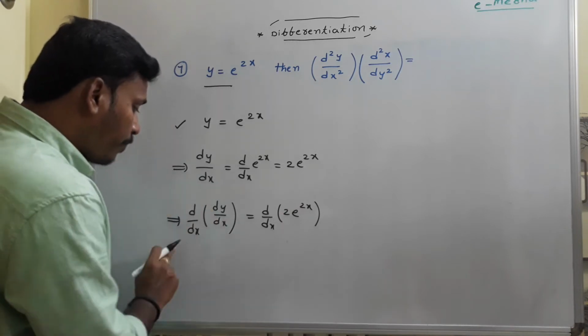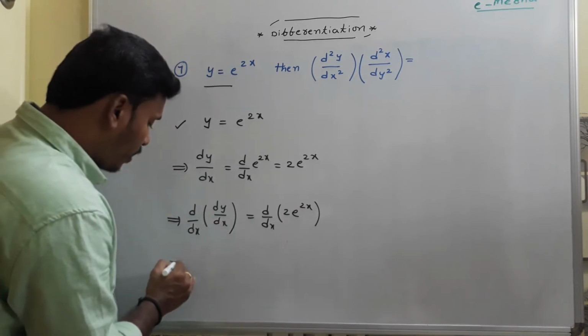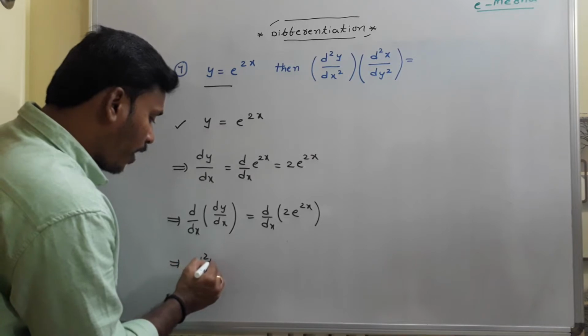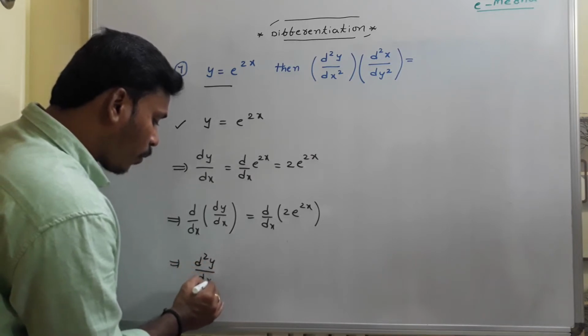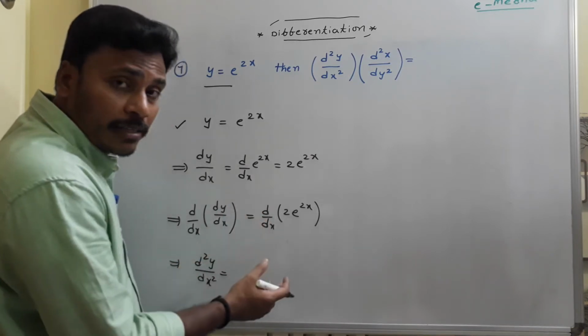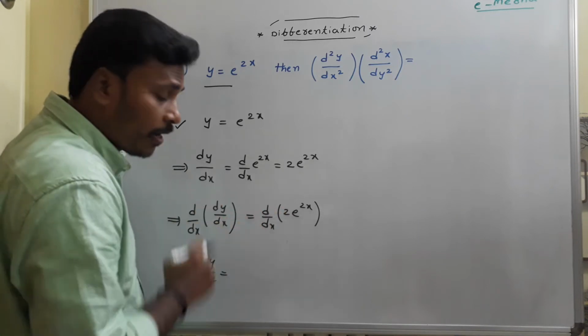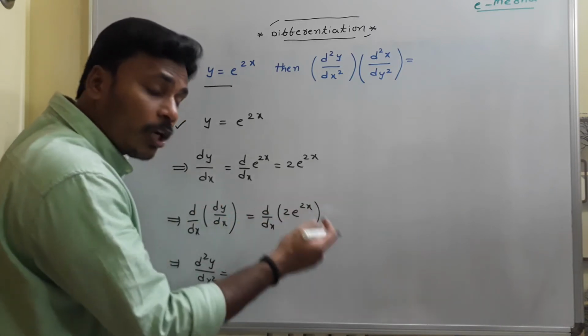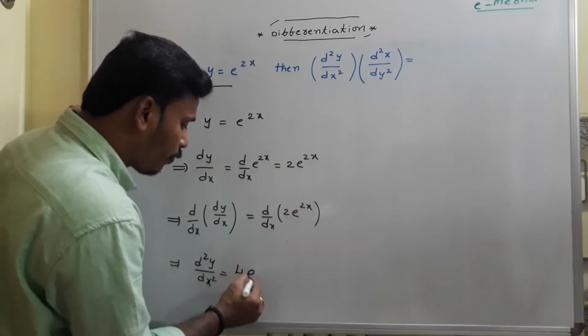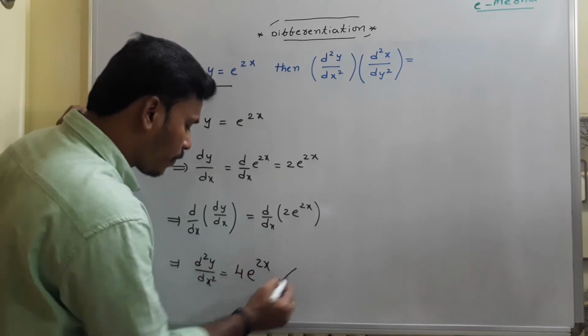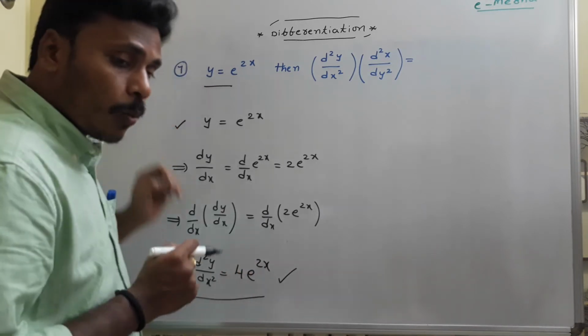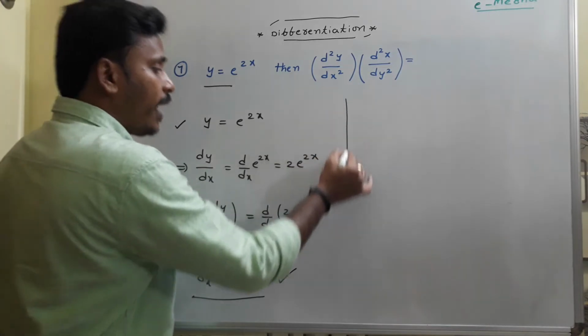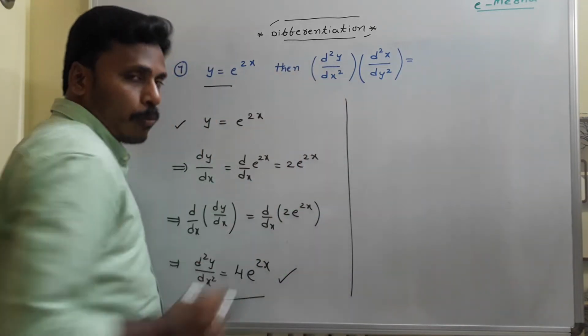On this side, d by dx of dy by dx is directly d square y by dx square, and on the right side, 2 is a constant. For e power 2x, again 2 into e power 2x, so this is 4 e power 2x. So d square y by dx square is 4 e power 2x, and that's the first part of the problem.